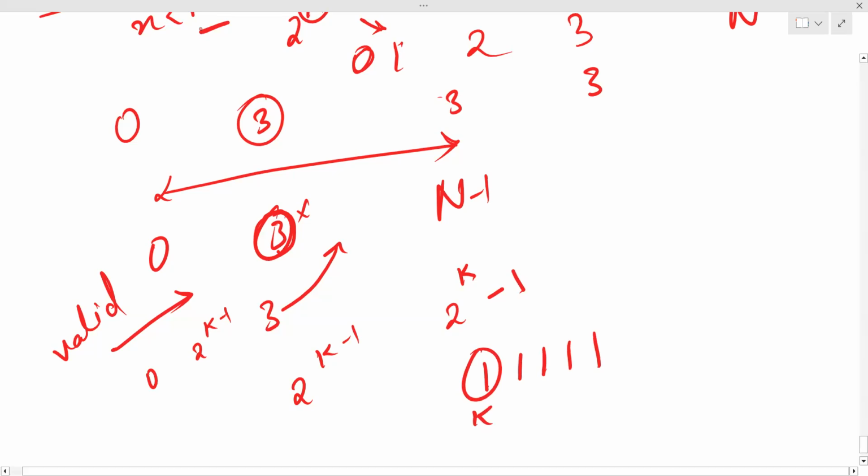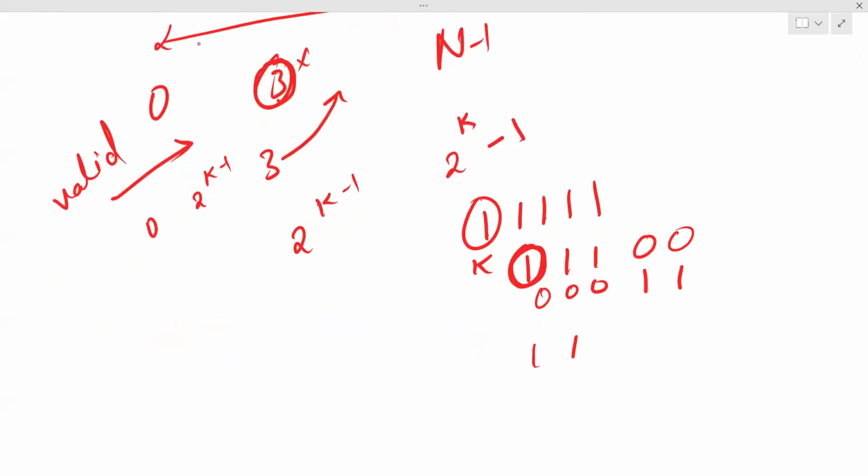Why will I always get something like this? Because I'm using something like 1 1 1, and let's say this is the most significant bit and I'm using this thing. So since this is the most significant bit in n, there will always be a number like this in my original permutation. So if I do XOR with this, I'll get all the ones.